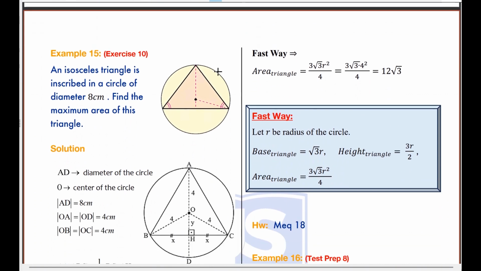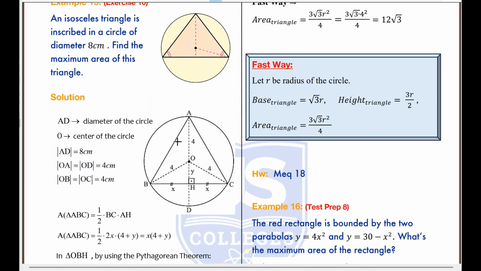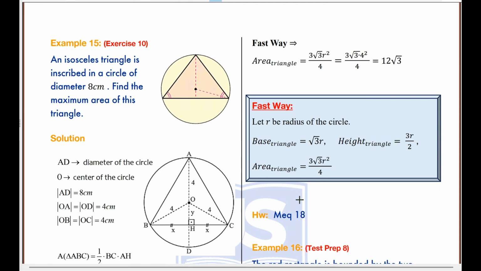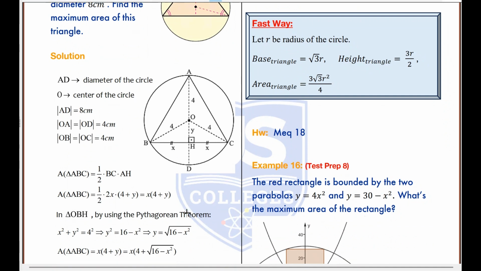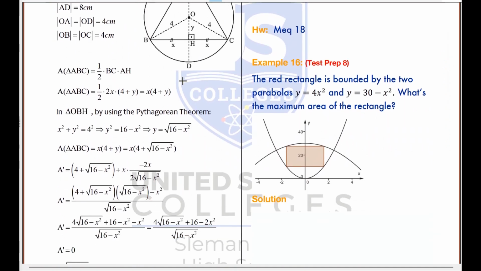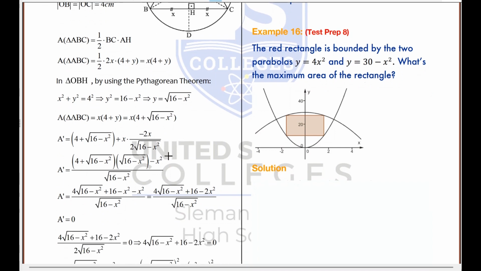Next type, an isosceles triangle is inscribed in a circle whose either radius or diameter is given. This is an exercise question, and there is one ministry exam question about this type. So when we try to solve it, we apply the Pythagorean theorem again, like the previous questions, isolating x or the other unknown, putting it back in the area formula, taking the derivative.